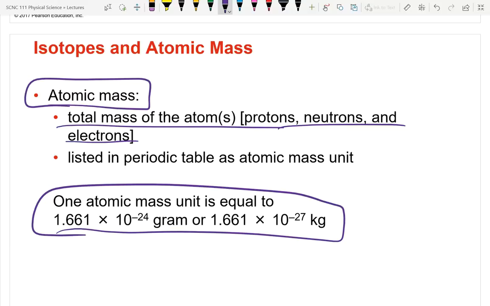Now, I will leave it at that for now and not mention the next piece of that. When you look at the masses back there, they're not integer numbers, for a couple of reasons. Reason number one is that it's taking the average for a sample of elemental material. What does it mean if it's elemental?